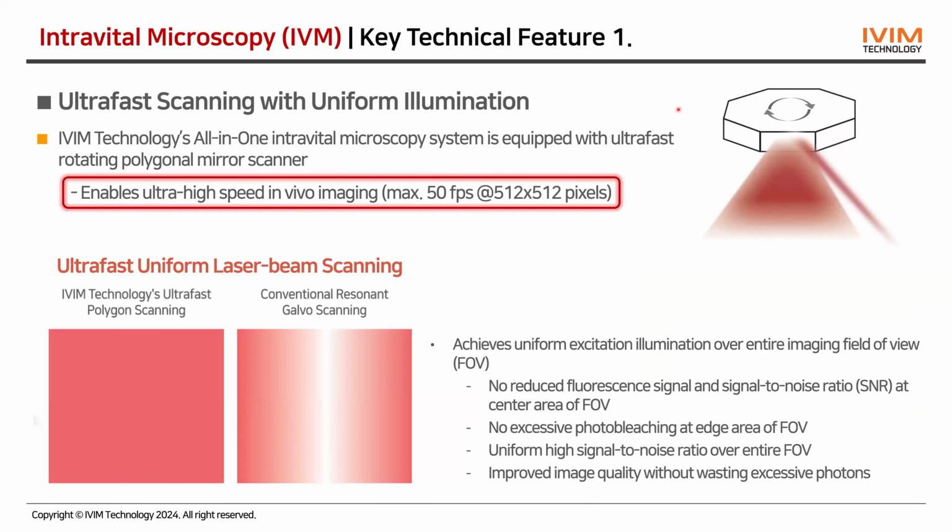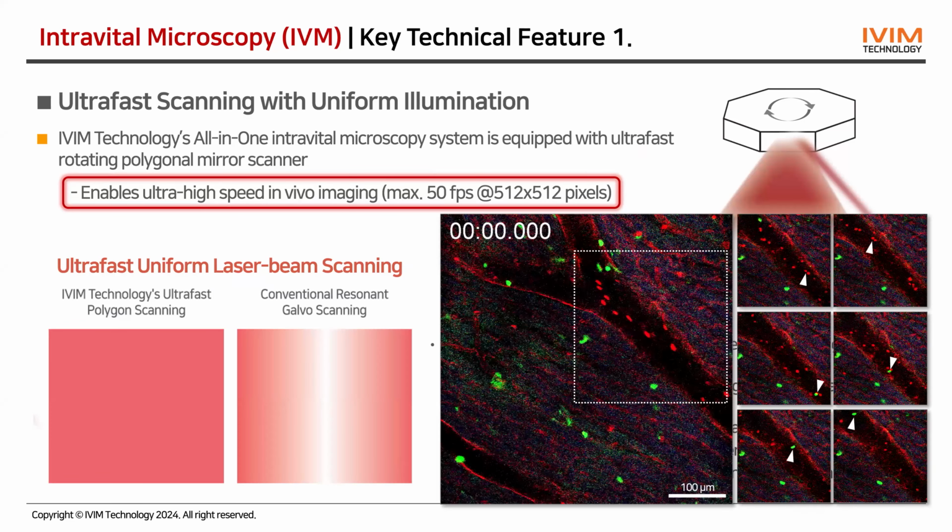This is key technical feature one. IVM's imaging system is equipped with an ultra-fast polygon mirror scanner, with speeds up to 50 frames per second, leading to capture of fast dynamics of cells like red RBCs or the green cells flowing inside the blood vessels.